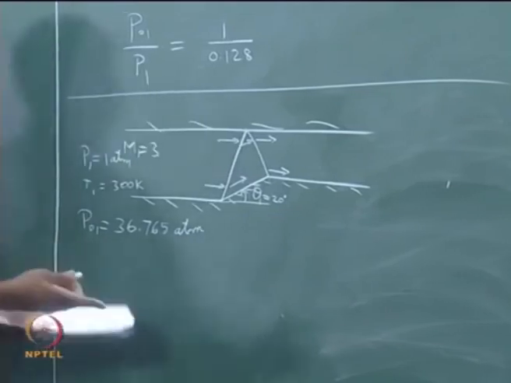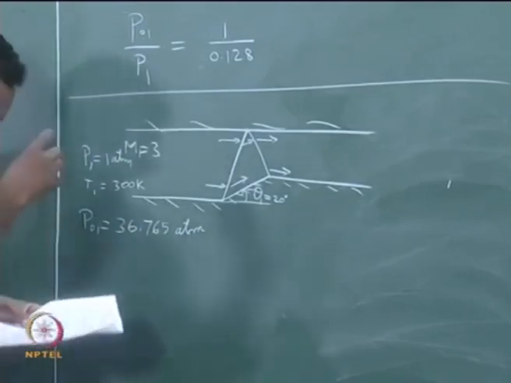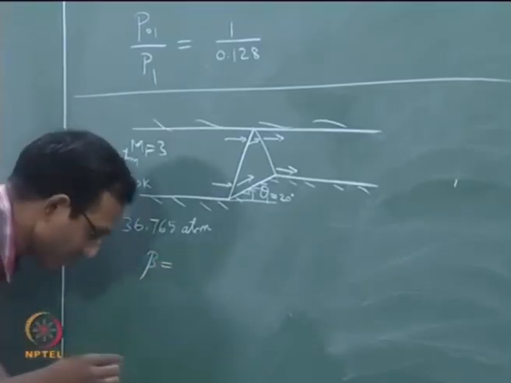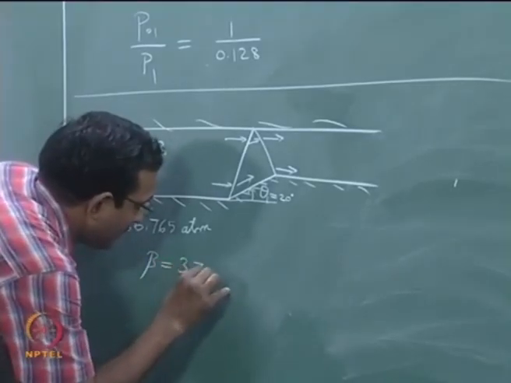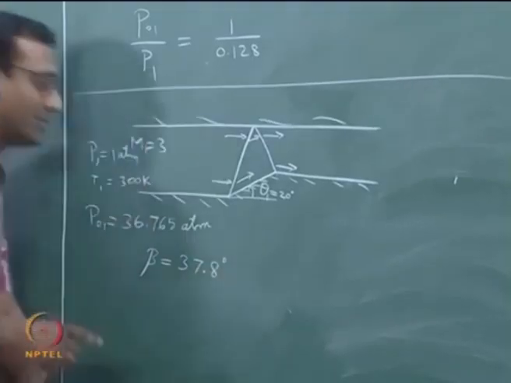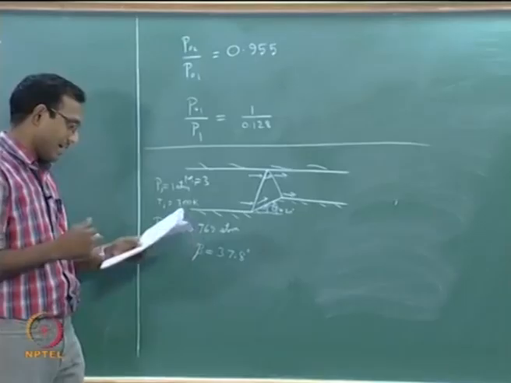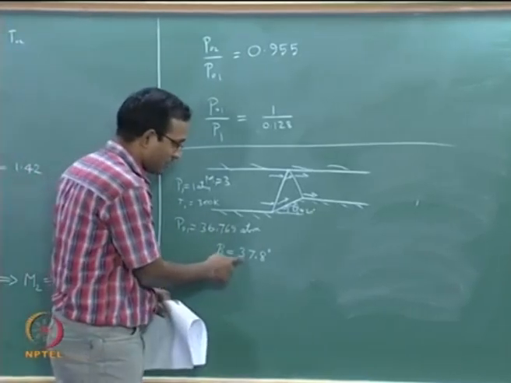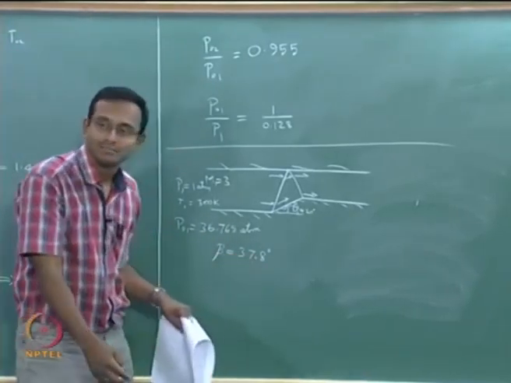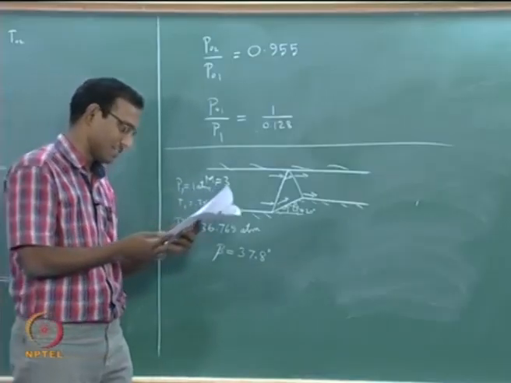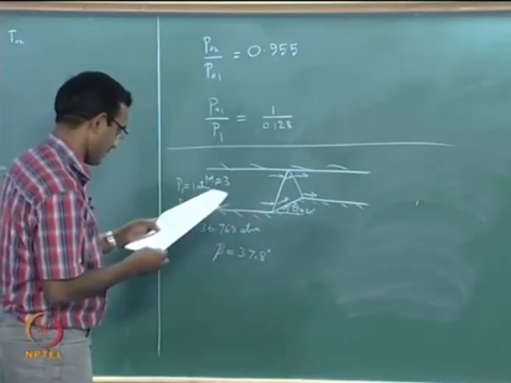So I go to the chart, the plot, and I am going to find that my beta happens to be 37.8 degrees. Of course, there is some error in reading out. When I look at the data tables, I found that this number was 37.75 degrees. Yes, of course, there is some error. Let us live with that error, it is fine. We can still give reasonable accuracy.